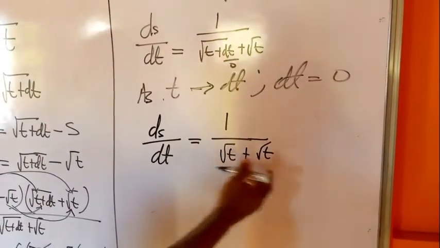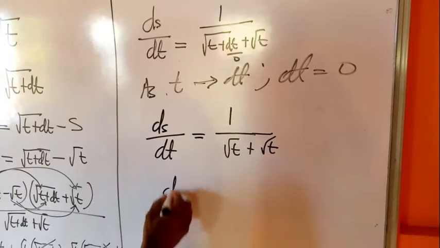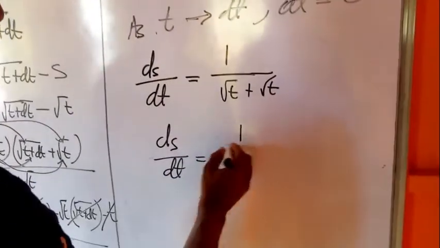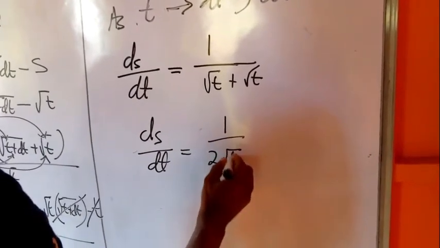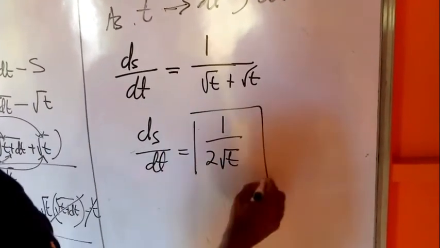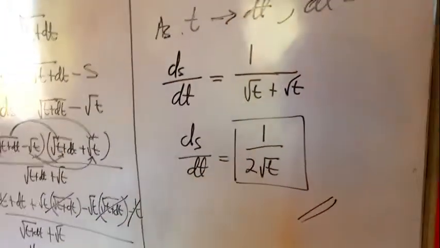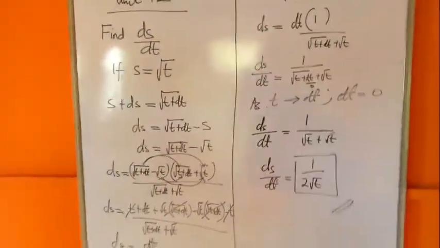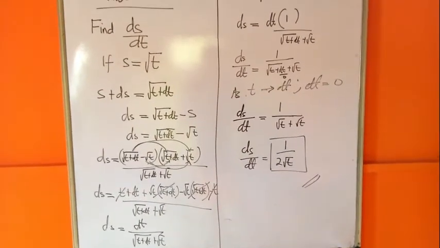This is a simple addition. This root t, you add them. So dx all over dt is equals to 1 all over 2 root t. So this is your answer for finding ds/dt if s is equals to root t.